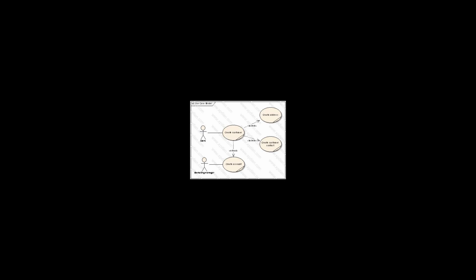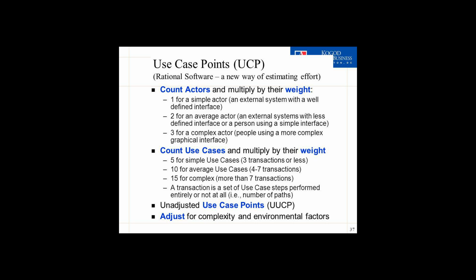Example. To illustrate the process of calculating the UCP, an online shopping system will be used. The diagram below depicts the use case diagram for the system to be developed. Unadjusted use case weight, UUCW. To calculate the UUCW, the use cases must be defined and the number of transactions for each use case identified.